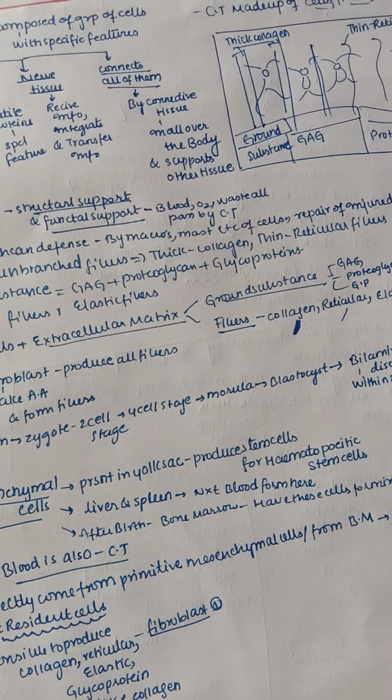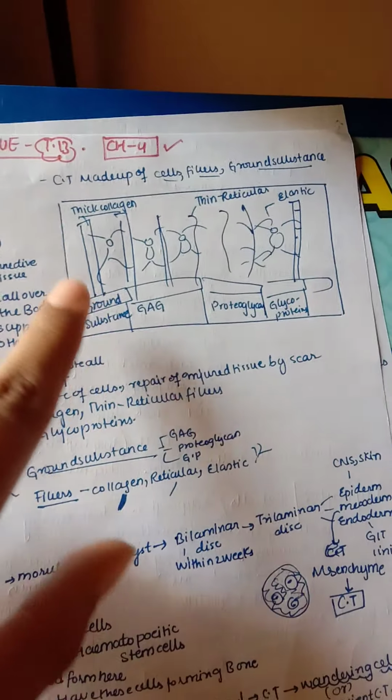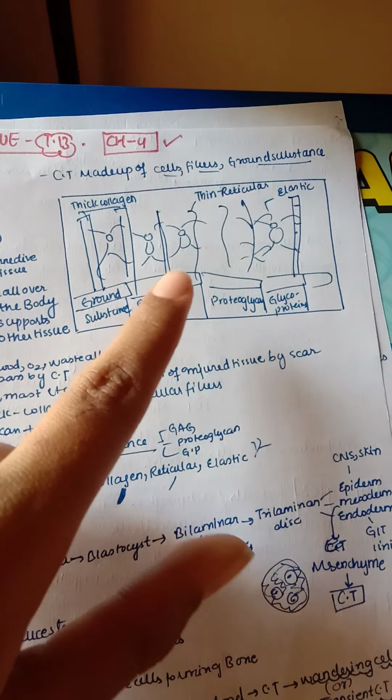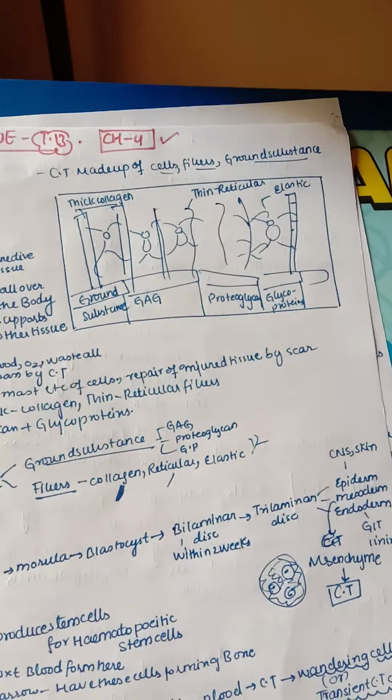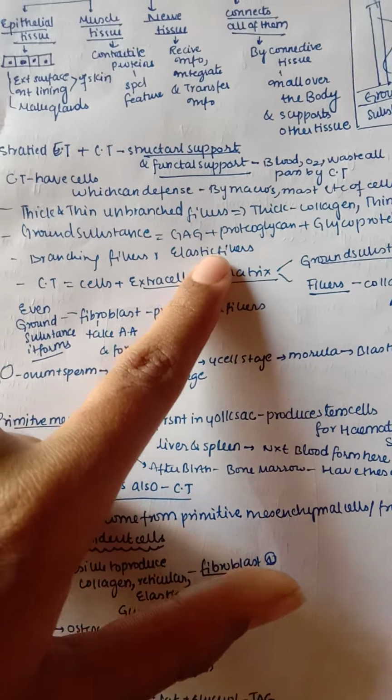Remember, the thick and thin fibers are unbranched, and the elastic fiber is branched. The ground substance contains glycosaminoglycans, proteoglycans, glycoproteins, etc.